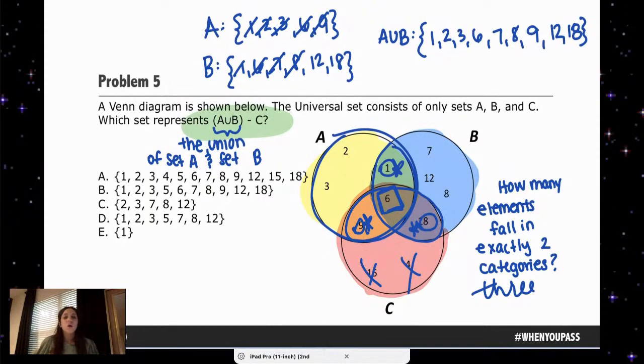Now, we have to take what falls in A and B, but then take away anything that's in C. Well, we took away these because those don't exist in A and B anyways. But are there elements that exist in A and B that also exist in C?